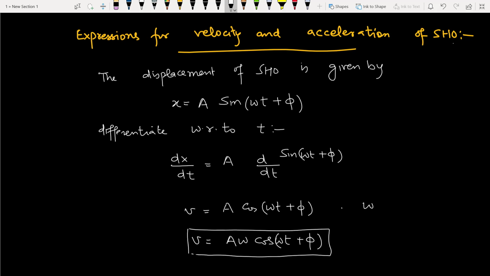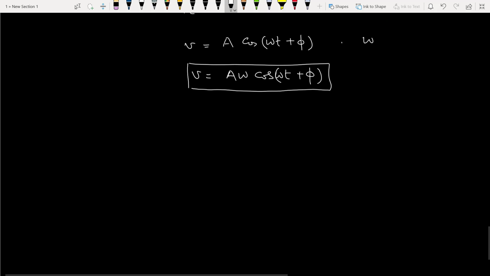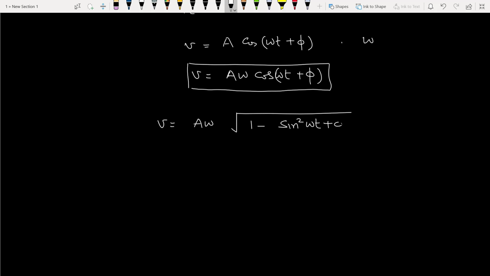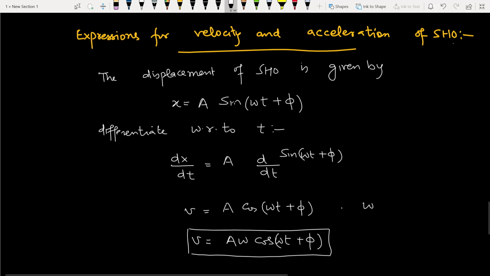We try to derive one more expression for velocity as a omega square root of one minus sine square (omega t plus phi), and the value of sine(omega t plus phi) from this equation will be x by a.